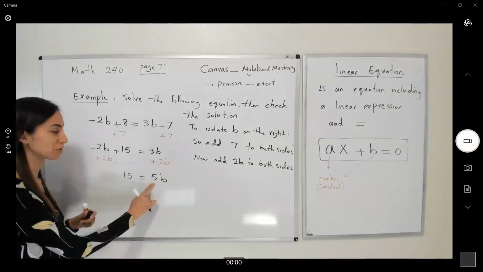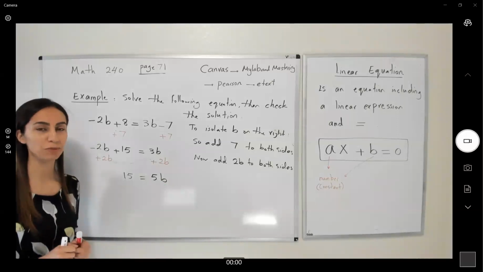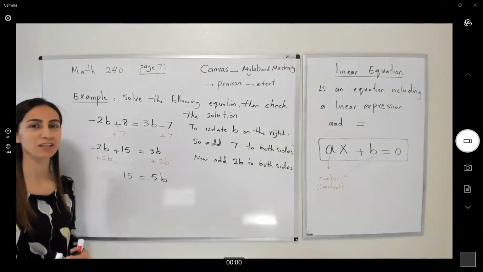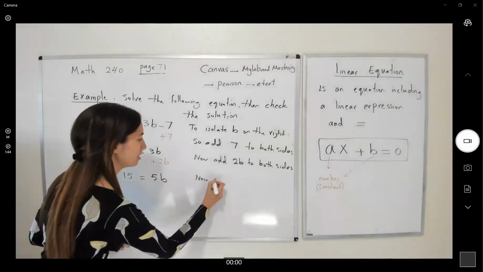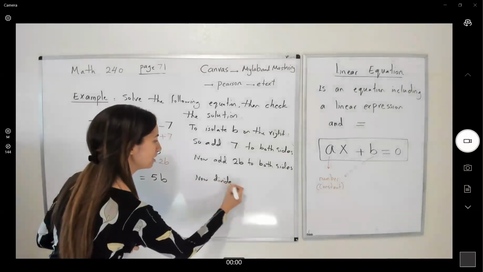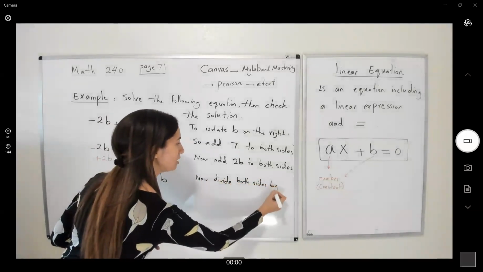Now, to get rid of 5, 5 is multiplied by variable b. The opposite operation is division. Now divide both sides by 5.